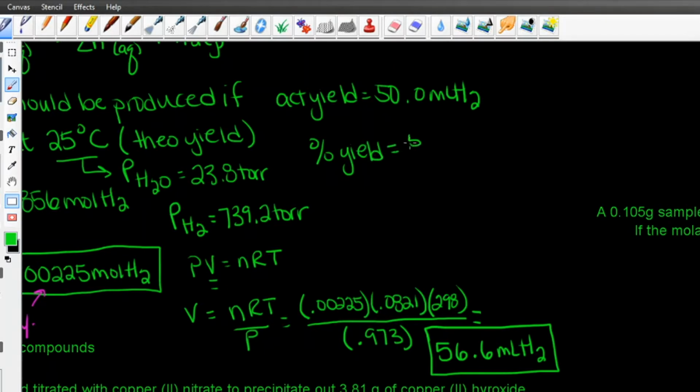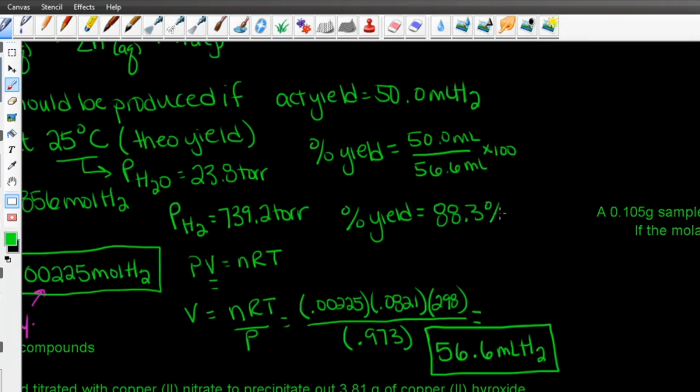Percent yield is your actual yield, 50 milliliters, over your theoretical yield, how much you should have made if everything went beautifully, times 100. So 50 divided by 56.6 times 100 is an 88.3% yield, which is pretty good.